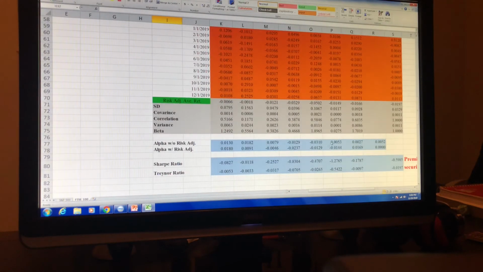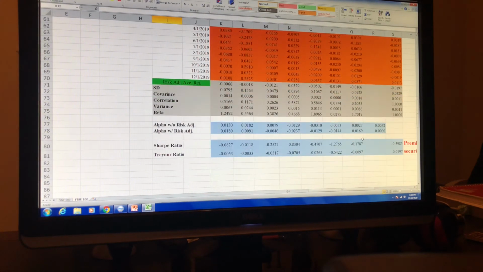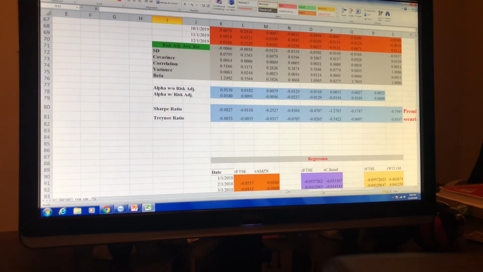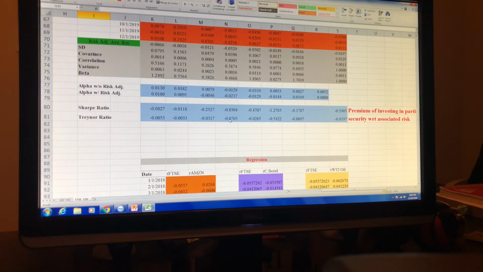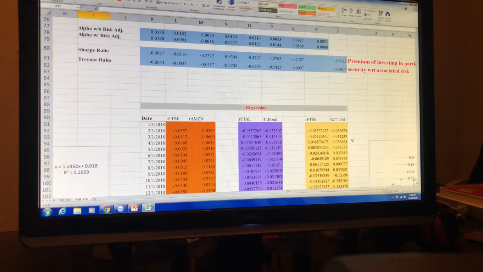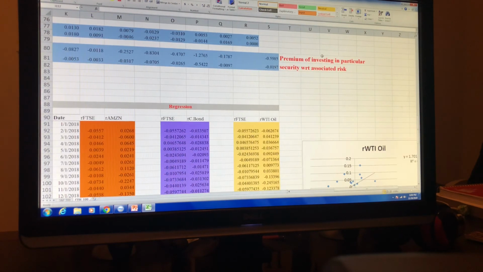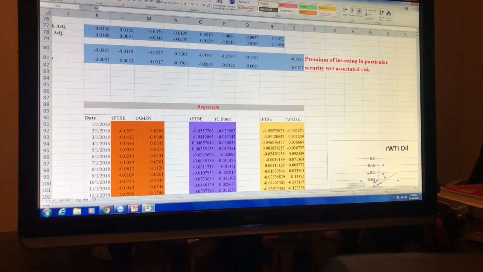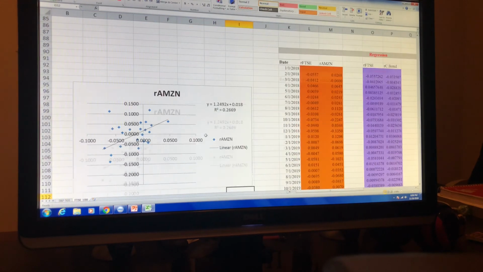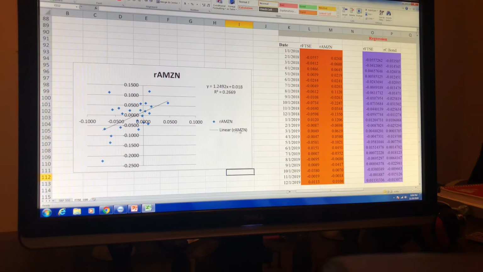I thought that was very interesting, but then again, a lot of people invest in oil around the world, so it kind of made sense. None of the Sharpe ratios or Treynor ratios changed. They were all still negative in terms of the premium of investing in a particular security associated with risk, excuse me. We did do another regression for the FTSE compared to the Amazon stock.